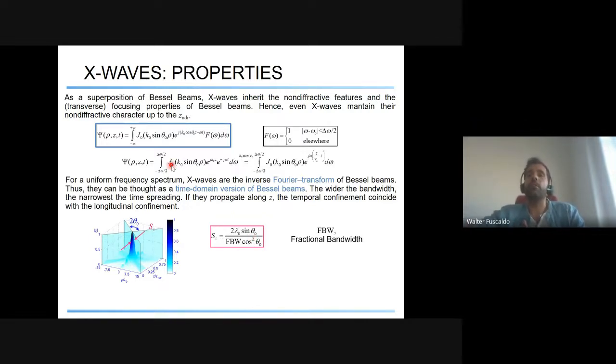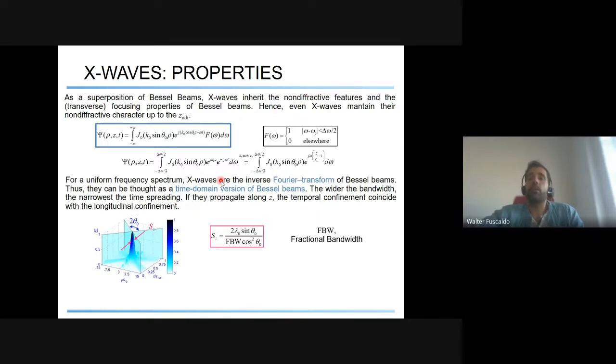Indeed, for a uniform frequency spectrum, that is when we assume that the frequency spectrum is uniform over a given bandwidth, a rectangular function centered at the working frequency, the definition of an X wave is just a Fourier transform of the Bessel beam.